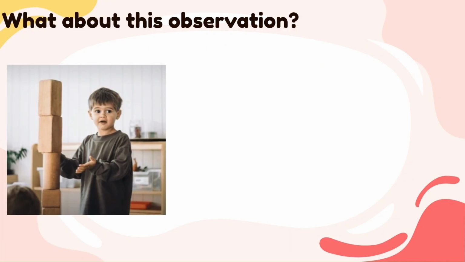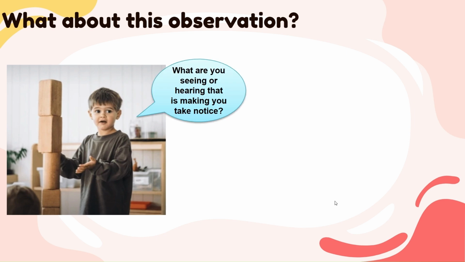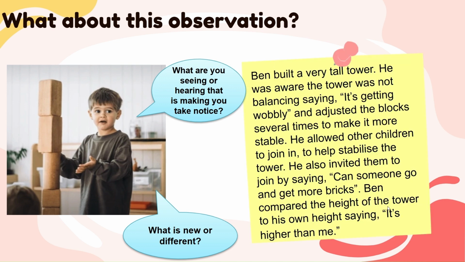Let's consider the notice part of the observation cycle we explored in video 1. What are you seeing or hearing that makes you take notice? What is new or different? The observation recorded should describe what we have noticed.